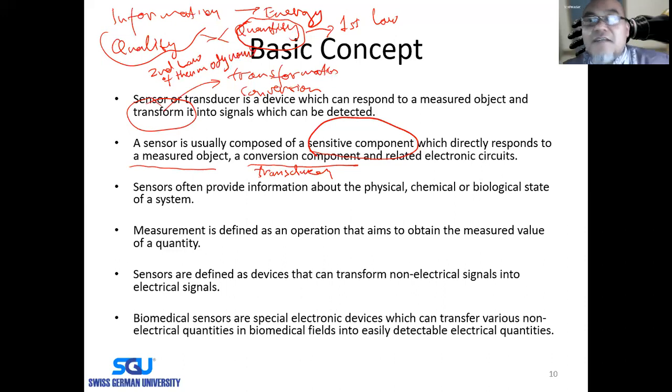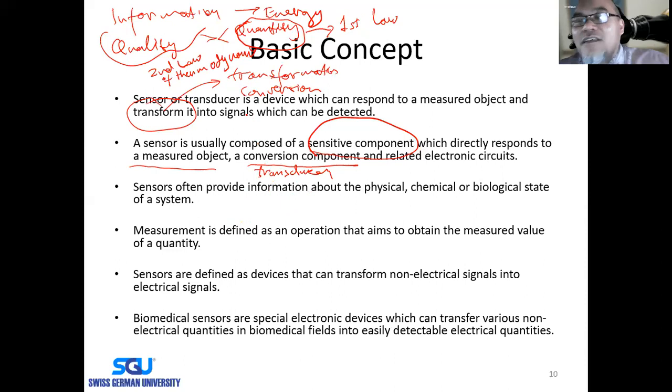That is what we are dealing with. Information is the states of energy, from a philosophical point of view. So sensors often provide information about the physical, chemical, or biological state of a system, in this case, the energy structure.